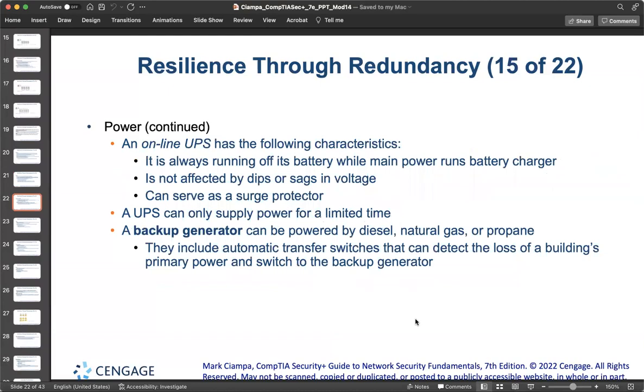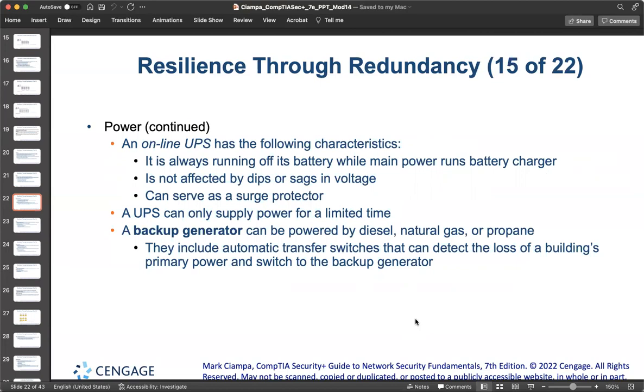However, an online UPS is always running off its battery. So basically, your system is being fed off of the UPS at all times. The battery is what is providing energy to you. And then the UPS itself is being fed off of the plug. So you plug the UPS to the wall plug, getting electricity into it, and the online UPS then provides power to your devices.